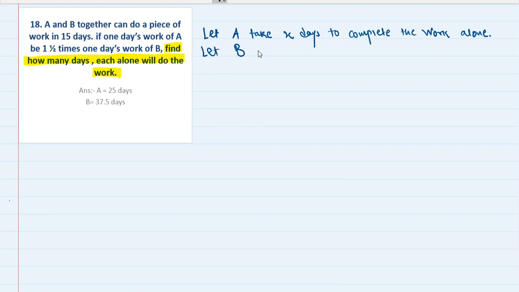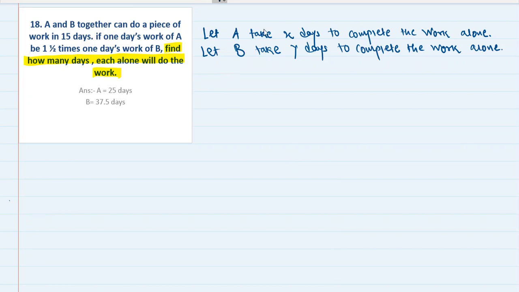Let B take Y days to complete the work alone. A will take X days to complete the work alone, and B will take Y days to complete the work alone. That's what we need to find: in how many days each alone will do the work. So this will be a standard statement for questions of this format.